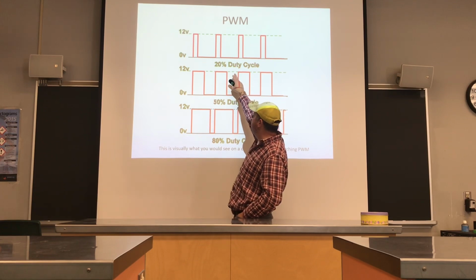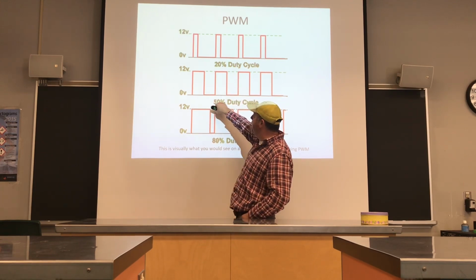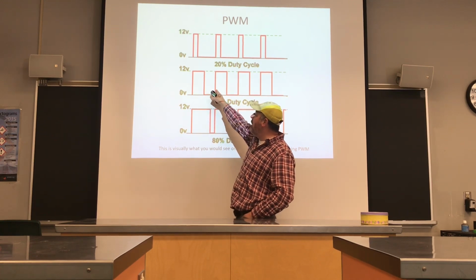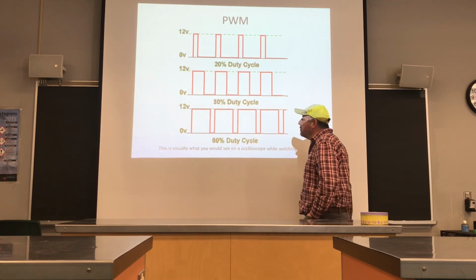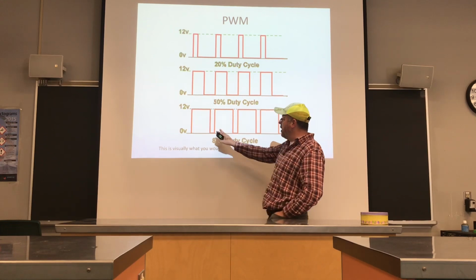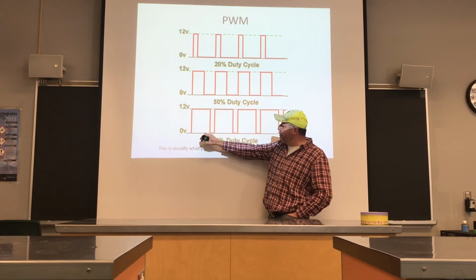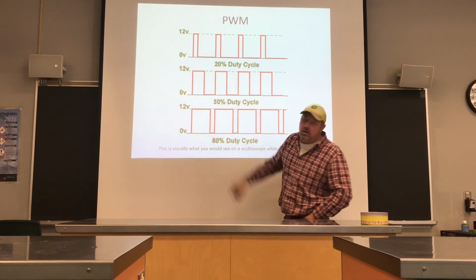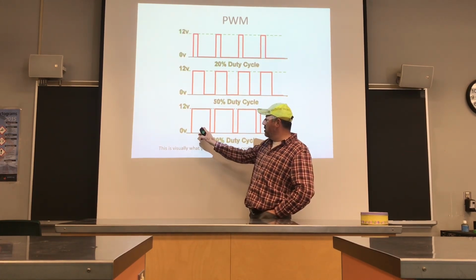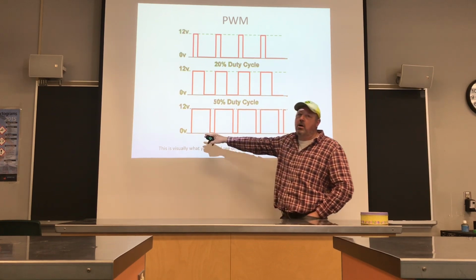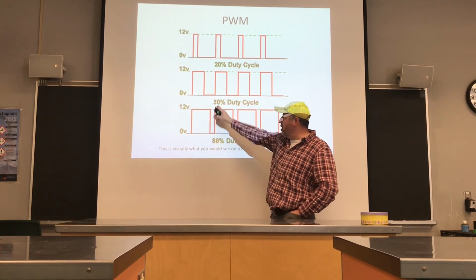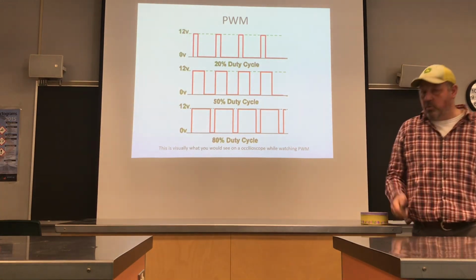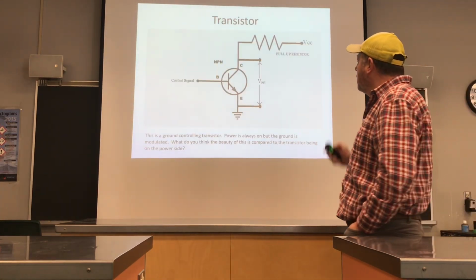If you compare 20% to the 50%, we're basically on for an equal amount of off time. Then obviously 80% is the exact opposite of our 20%. So our 80% on time versus our 20% off time is the exact opposite to our 20% duty cycle.